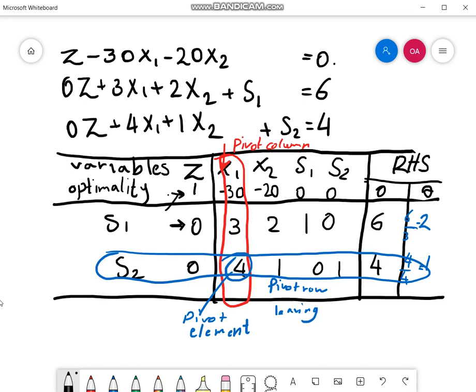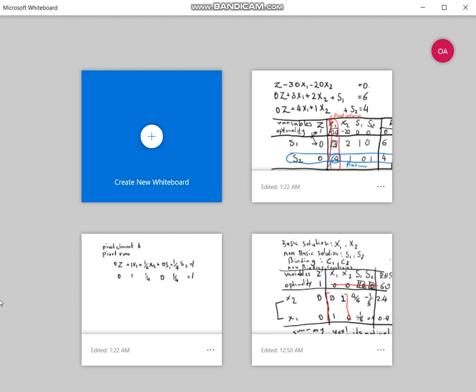That is wrong. All the other elements in the pivot column other than the pivot element should be nullified and become 0, but only through my pivot row.